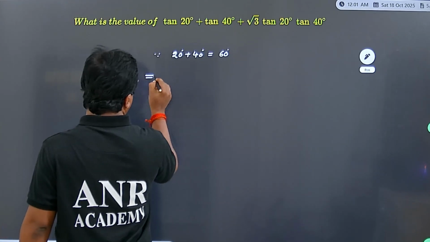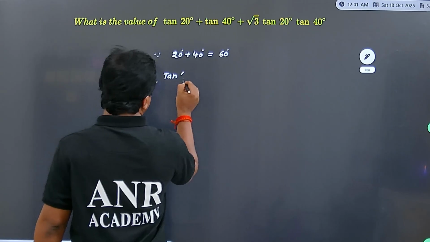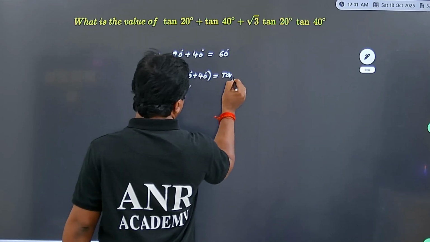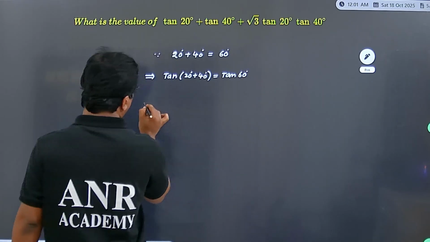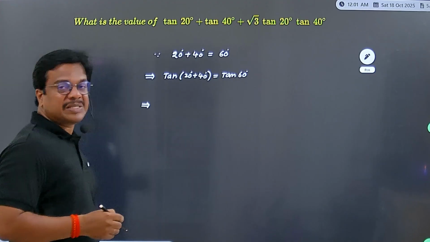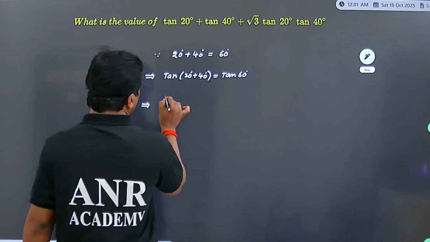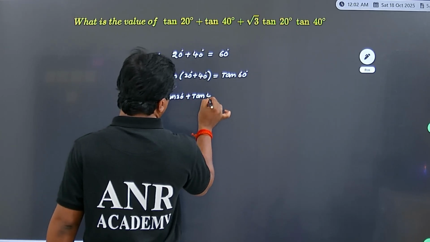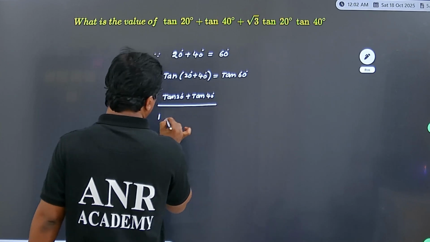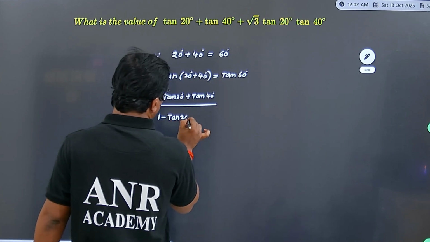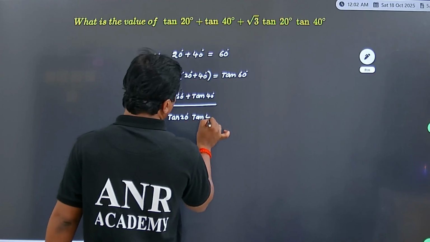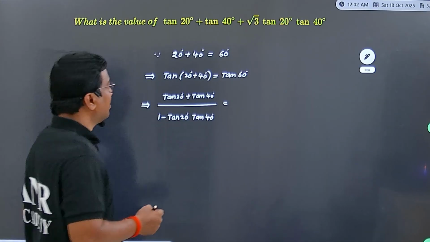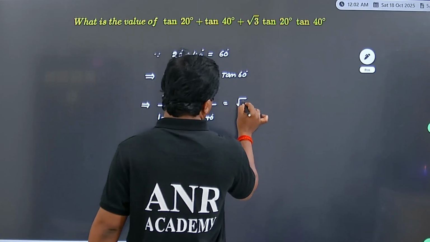Now applying tangent to this, tan of 20 degrees plus 40 degrees becomes tan of 60 degrees. Using the tan A plus B formula, the left hand side is tan A plus tan B divided by 1 minus tan A into tan B, and that is equal to tan 60 degrees, whose value is clearly root 3.